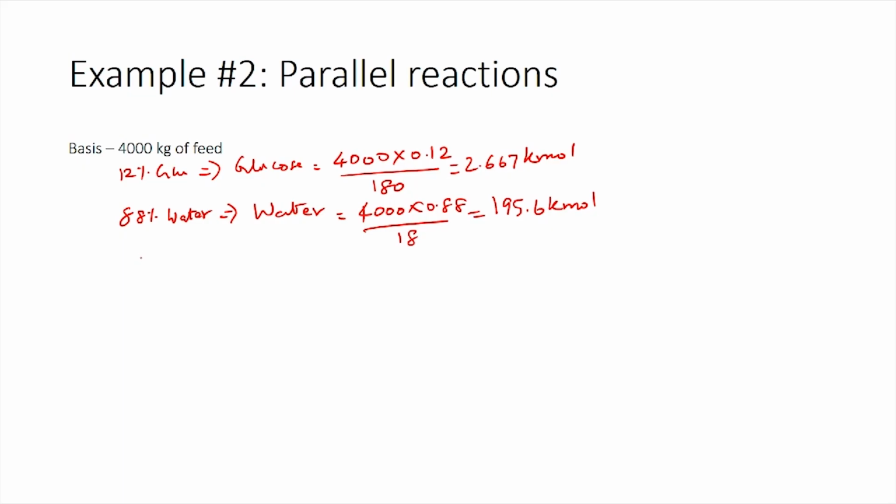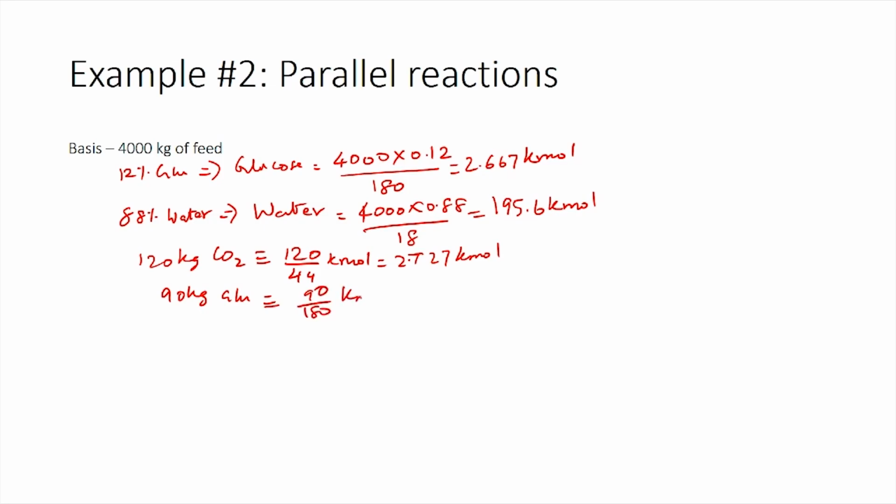So we convert these masses to moles also. 120 kilograms of carbon dioxide would be 120 divided by 44 kilomoles, which is 2.727 kilomoles, and you have glucose which is 90 kilograms of glucose, forming 90 divided by 180 kilomoles, which is 0.5 kilomoles of glucose.